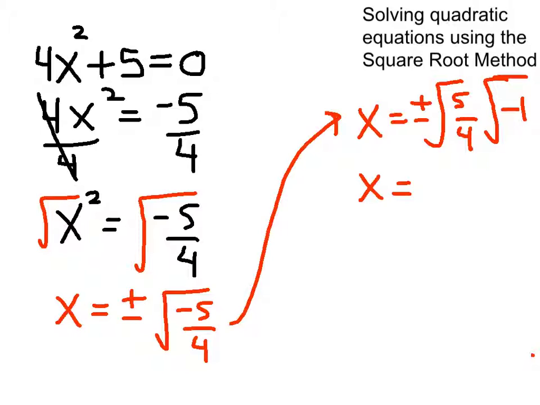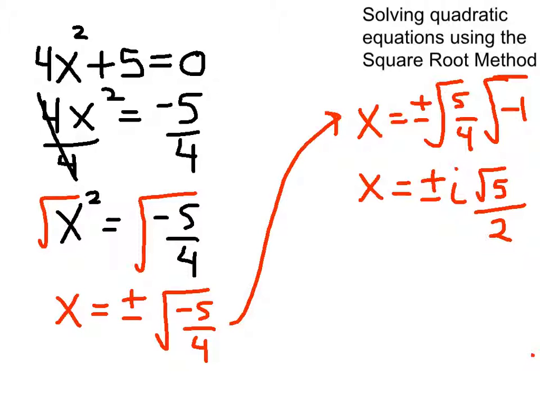The square root of negative 1 is actually equal to an i, so I'm going to pull that out. So I'm going to have that plus minus with my i. The square root of 5 cannot break down, but that 4 on the bottom can be a 2. And that's as far as we can go with this. It looks kind of funky for an answer, but that's the extent of it.